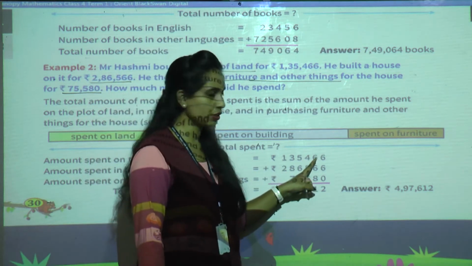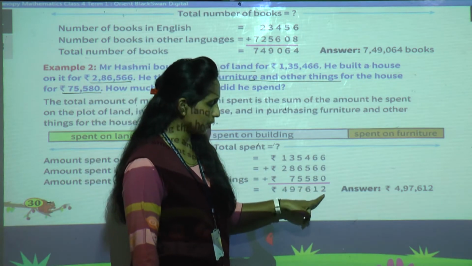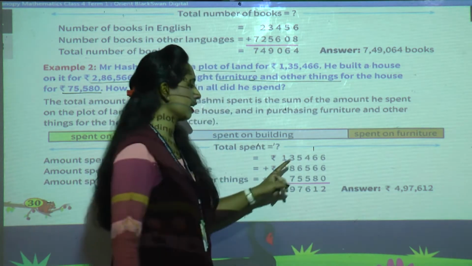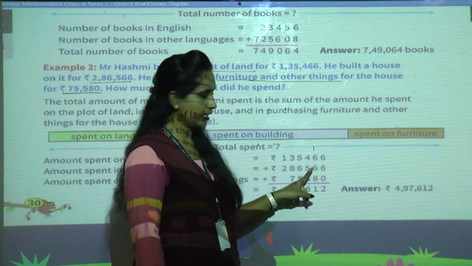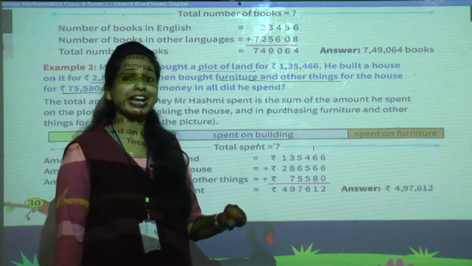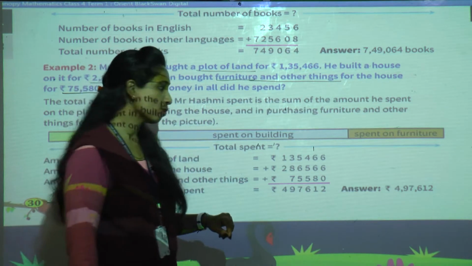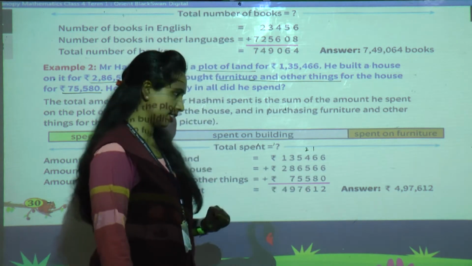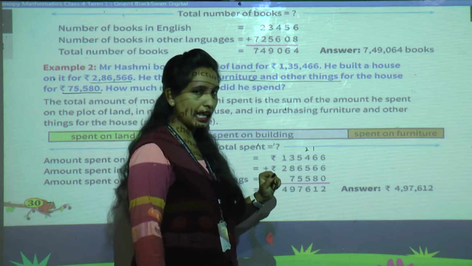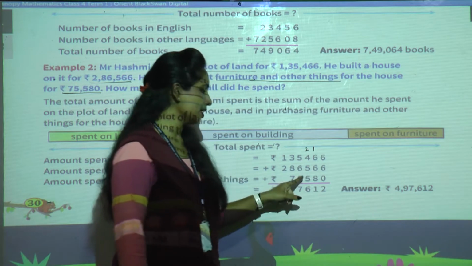Now see the addition. 6 plus 6 plus 0 is 12. So 1 will carry. 1 plus 6 is 7. 7 plus 6 is 13. 13 plus 8 is 21. So 1 will remain here, 2 will carry. 2 plus 4 is 6. 6 plus 5 is 11. 11 plus 5 is 16.